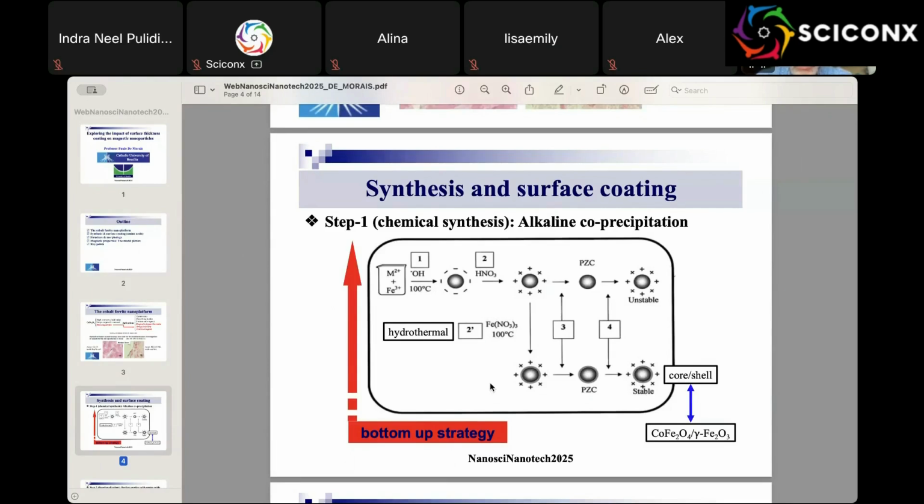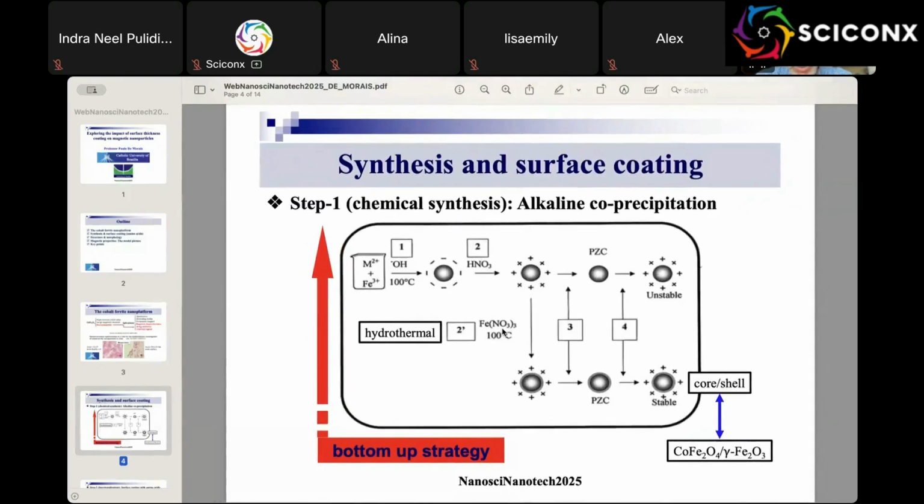The temperature is around 100 C, and very quickly you precipitate the cubic ferrite nanoparticles, in this particular case, the cobalt ferrite nanoparticles. The pH after step one is very high. You can lower the pH in step two. In step one, the particles are formed with a very high negative surface charge density.